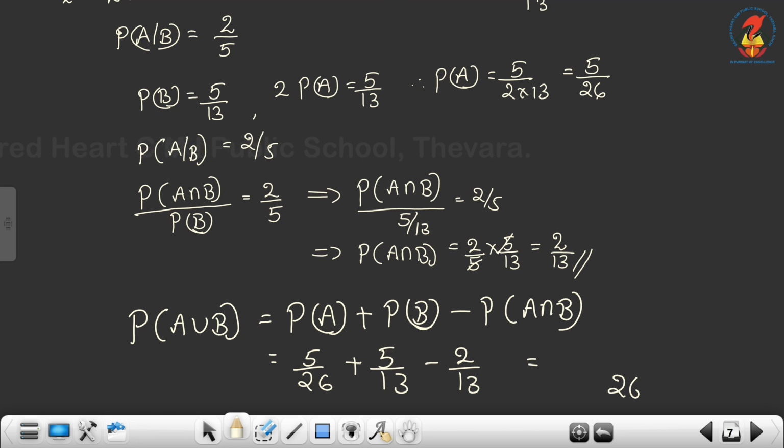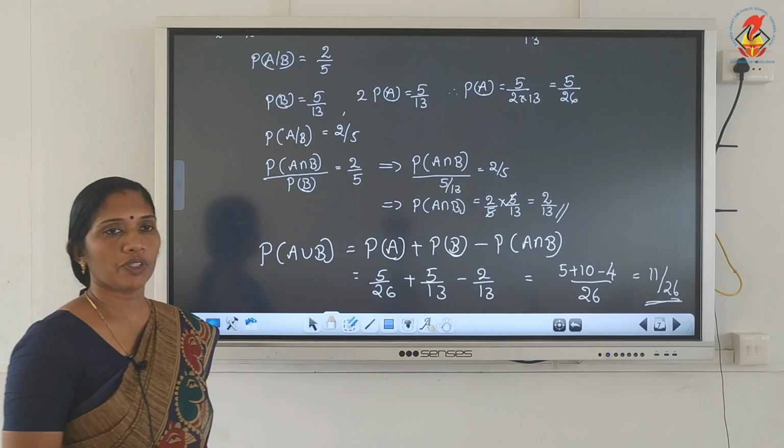So LCM is 26, 5 plus 10 minus 4, that is 11 by 26. Okay.